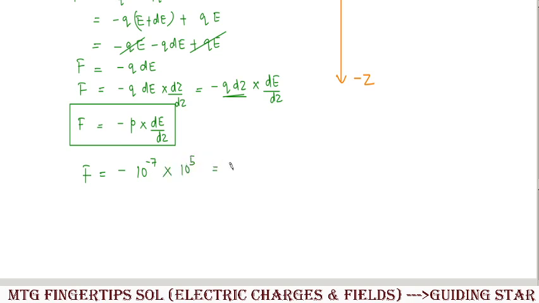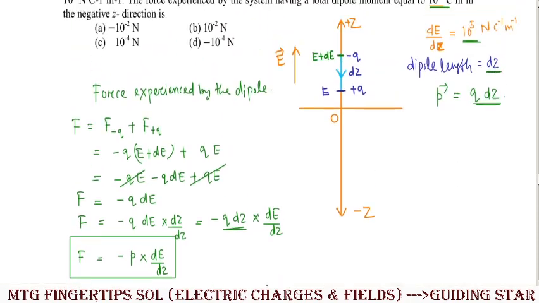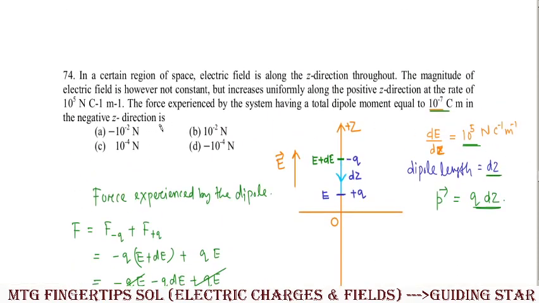So it will be minus of 10 to the power minus 2. Clear, this much Newton. So this much Newton of force will act on the dipole, negative 10 to the power minus 2 Newton. So option A will be the correct one.